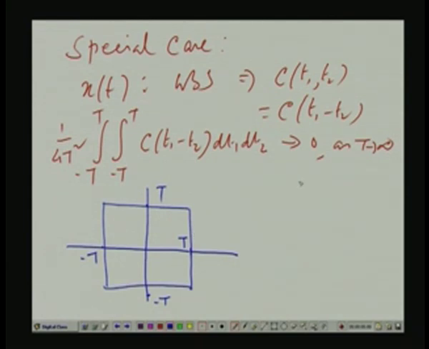So, therefore, if I consider the straight lines like this, t1 minus t2 equal to, say, tau. Okay, this axis is t1, this is say t2, t1 minus t2 equals tau. To start with, suppose I take tau to be say here. What is the slope of this? Slope is 45 degrees, okay, 1. If it is tau, it will go like this.